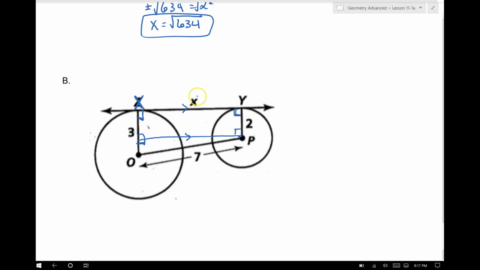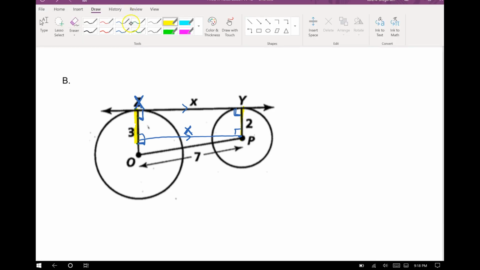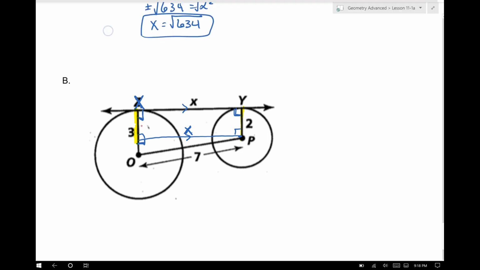So the cool thing is, if xy is x, that means this side opposite of that rectangle is x. I can use the idea of the radius is 2 right here. If this is 2 right here, from here to here on that one is also going to be 2. So I'm going to change that to 2, which means this little segment right there is 1.